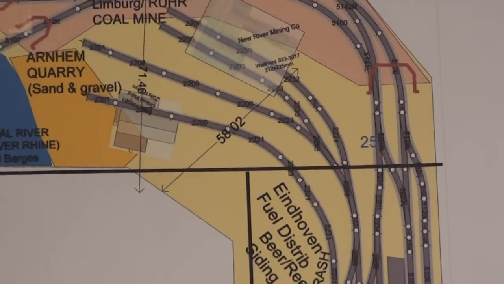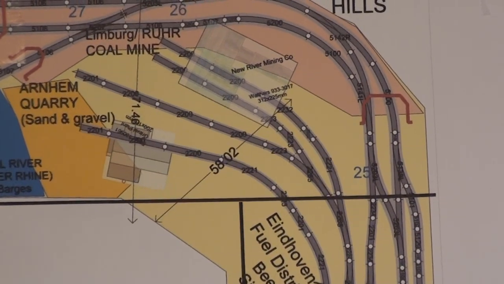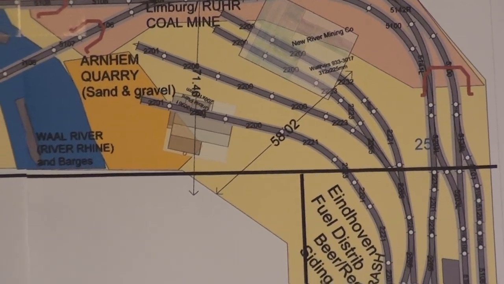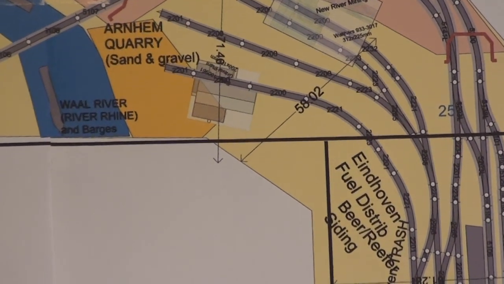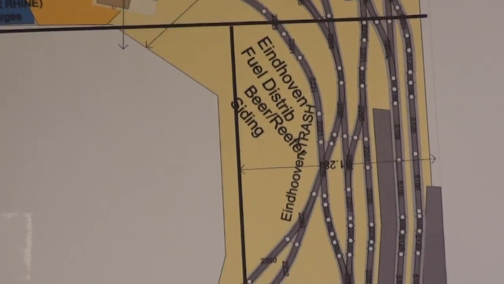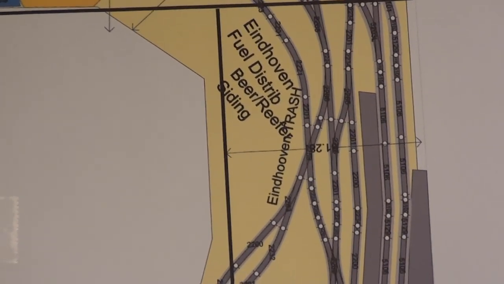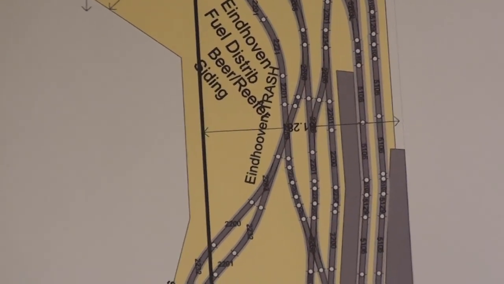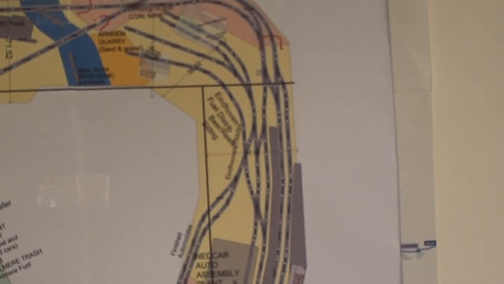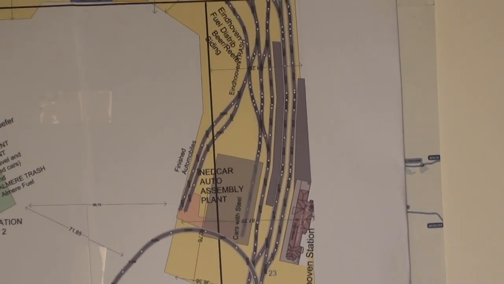On this side we have a coal mine, Ruhr coal, and we have Arnhem quarry, sand and gravel pits, and the Eindhoven fuel and distribution center somewhere here. So they can be switched out, and the train can be made up again.